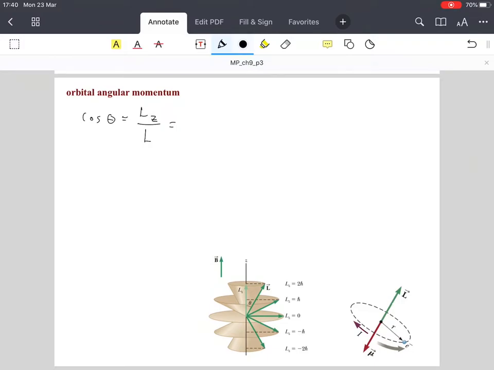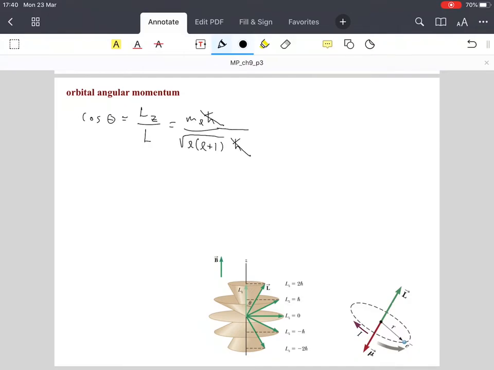And we saw that Lz was this quantum number ml times h bar, and the magnitude was a different quantum number, the square root of L times L plus 1, and then that's multiplied by h bar.